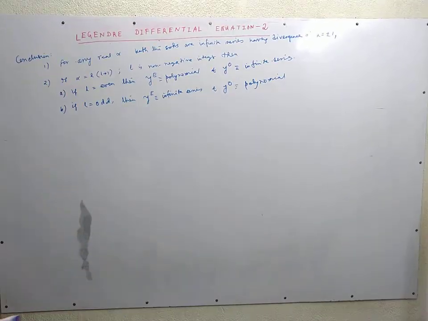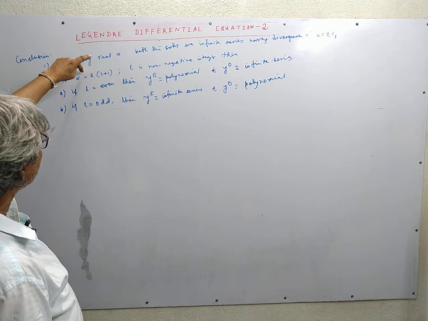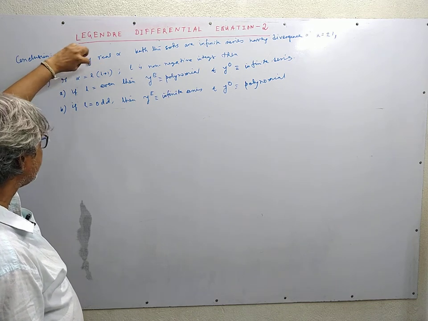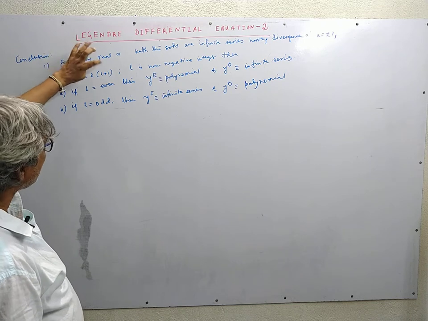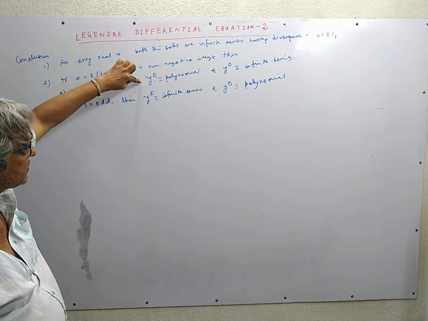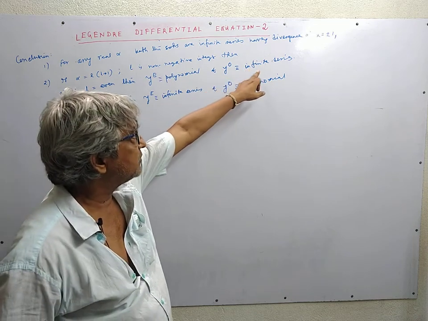That is, for a general value of alpha, say alpha is equal to 1.5, both the solutions are infinite series which diverge on the x axis. If we choose some special values of alpha, we say that alpha values are quantized. If the alpha values are quantized in this fashion, then two cases may arise. L is even, then one of the solutions, that is y even, is a polynomial, but y odd is a divergent one.